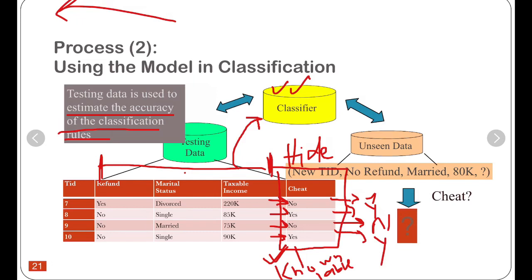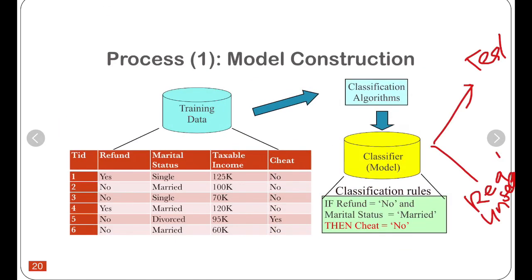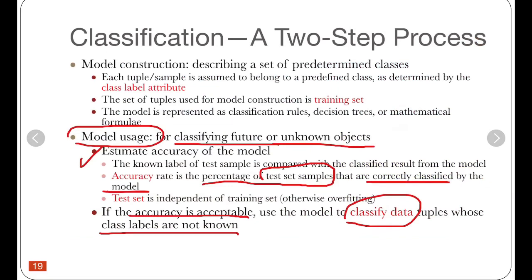Please remember that the test set is independent of the training set, or it has never been in the training set. Otherwise, it will be overfitting. What does overfitting mean?